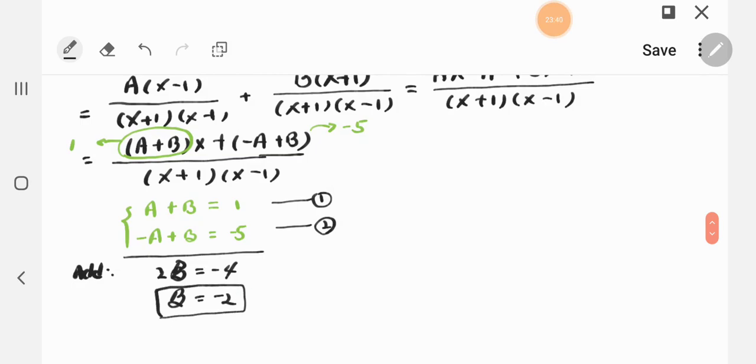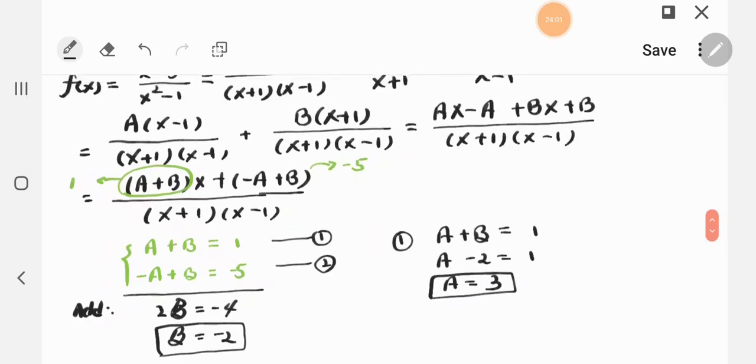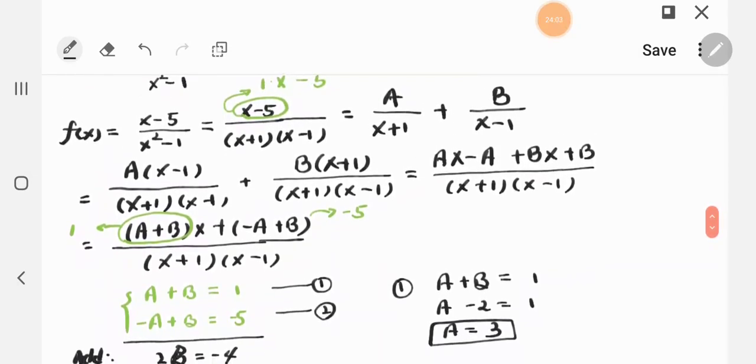Then let's find a. So from equation 1, since b is negative 2, a is equal to 3. So we found two values of a and b. So let's plug in these numbers.